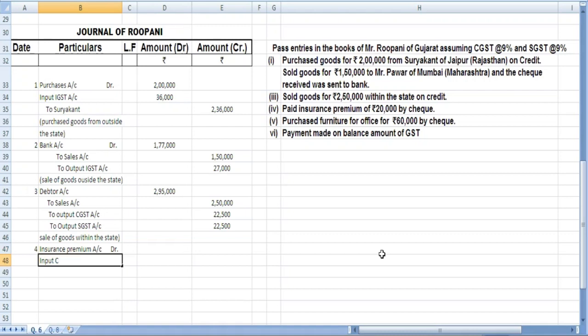So input CGST account will be debited, and input SGST account will also be debited because we have to pay along with the insurance, and this was paid in term of check, so we'll write here to bank account.